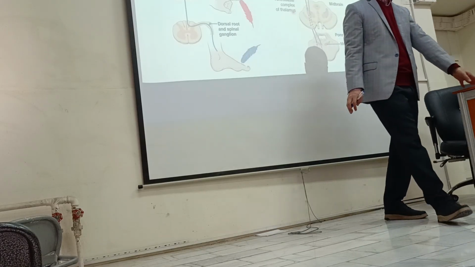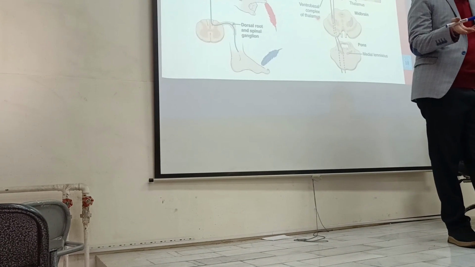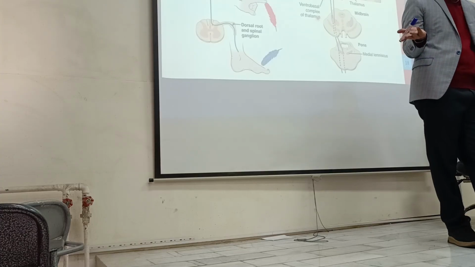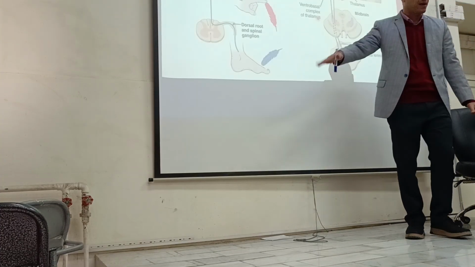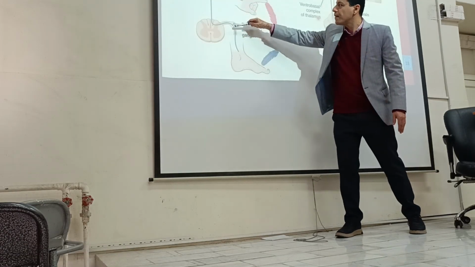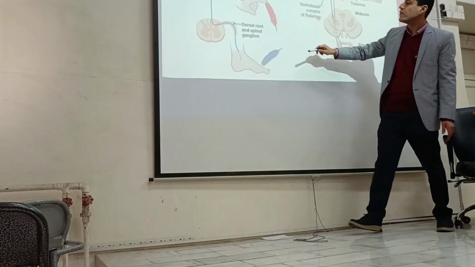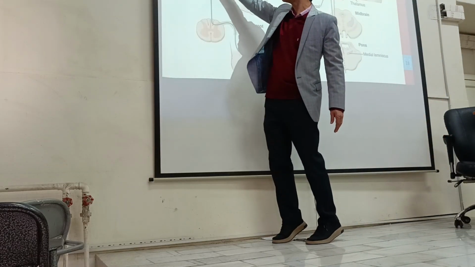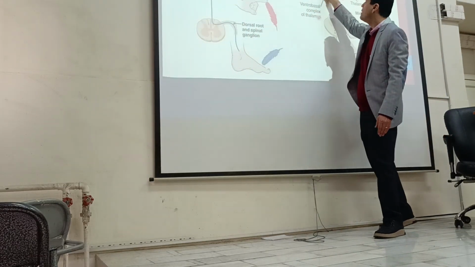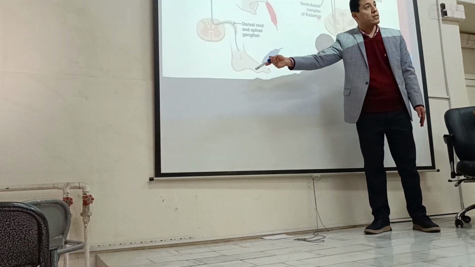This is the details about the dorsal column medial lemniscal system. So you should know everything about this. You should know the location of the neurons. So we have DRG, dorsal column nuclei, VPN of thalamus. You should know orientation.